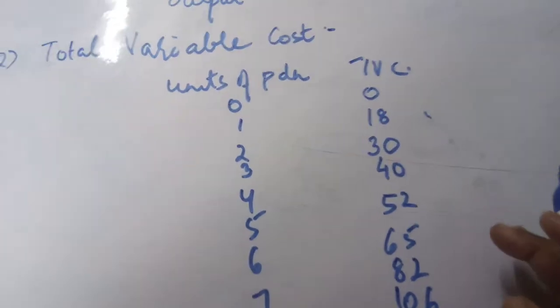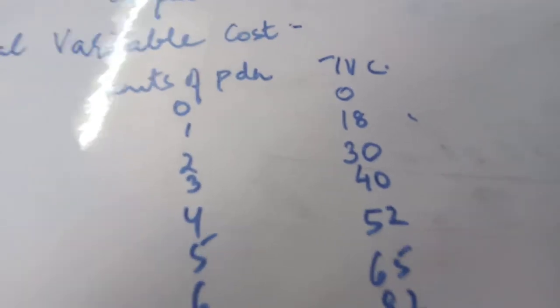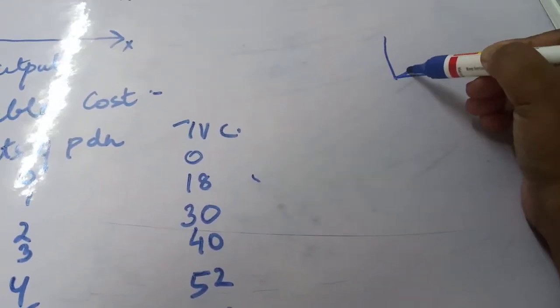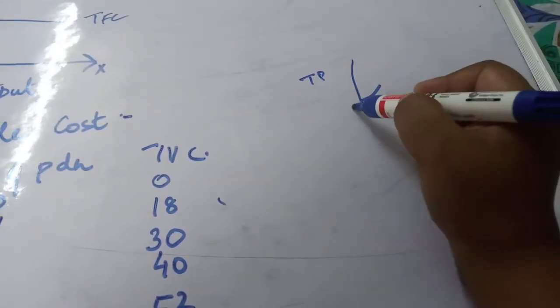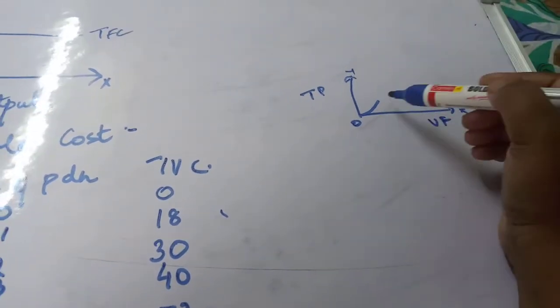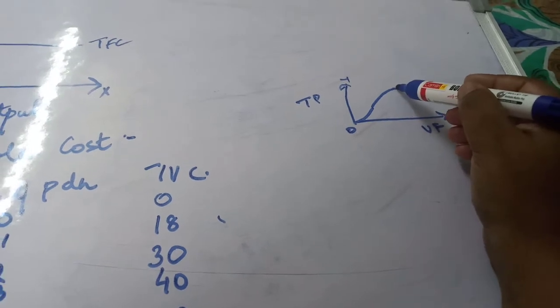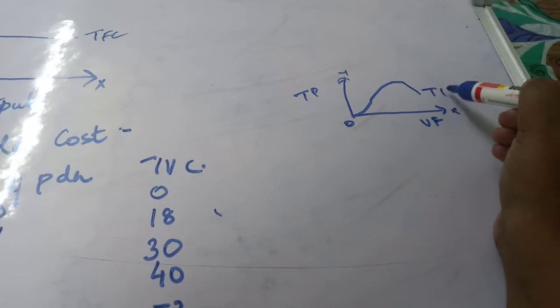Now we are going to relate this variable cost with the law of variable factor. Our total production first increased at increasing rate. Then it increased at diminishing rate, remained constant, reached maximum and then fell.